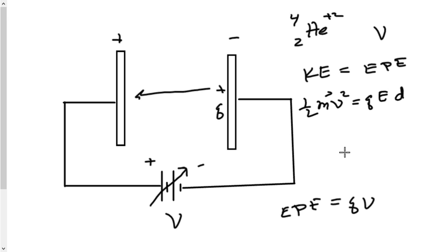So I can do that, or I can set 1/2 mv squared equal to qV. And this time V is volts. So if I'm recording my volts here, whatever volts it takes to allow those protons or whatever charge you've got to stop just before that, that V recorded is going to be equal to the stopping potential.